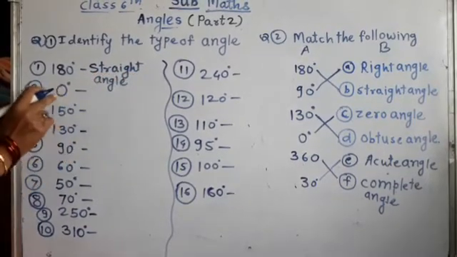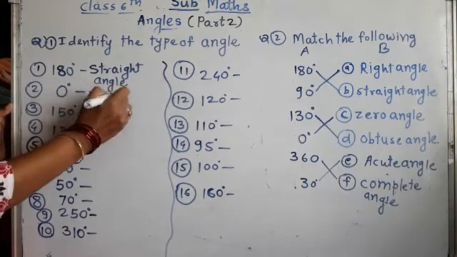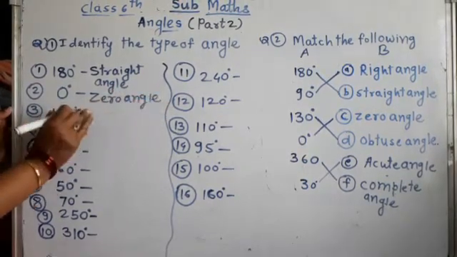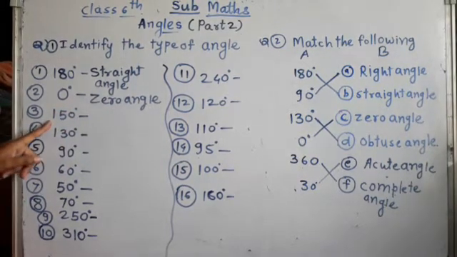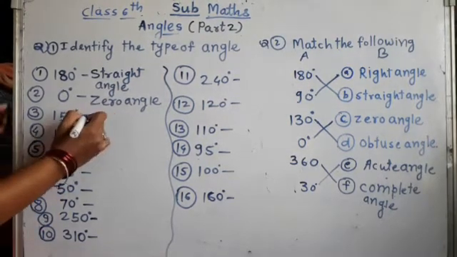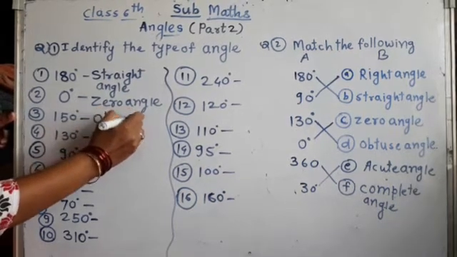Next, this angle is 0 degree. So the type is also zero angle. This angle, 150 degree, is greater than 90 degree and less than 180 degree. Therefore, it is called an obtuse angle.